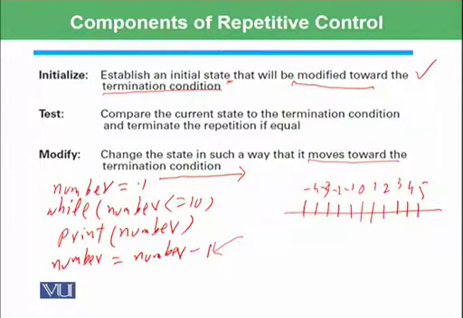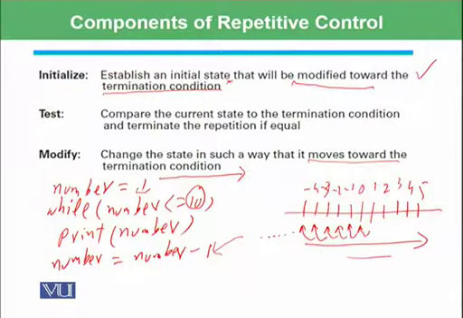If the initial value is 1 over here and we are saying number is less than or equal to 10 and we are decrementing the number by 1, then this 1 will next become 0, then minus 1, minus 2, minus 3, minus 4, minus 5 and so on. Can you see that it will ever reach 10? No, because 10 was in this direction, not in this direction.